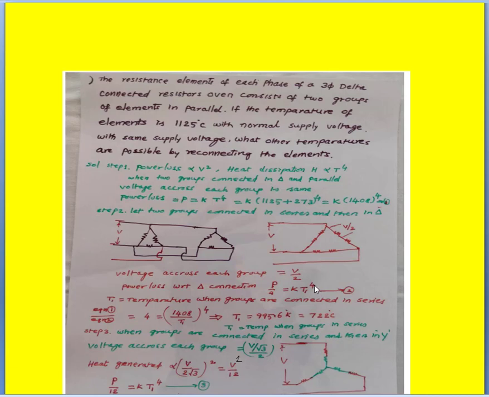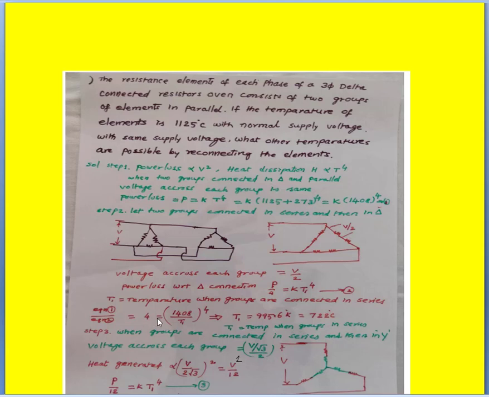So this is unknown temperature. So this we have to calculate. So to get this T1 to the power 4, we say this is equation 2. Then divide equation 1 with equation 2 like this. Then we get that P is going to get cancelled.